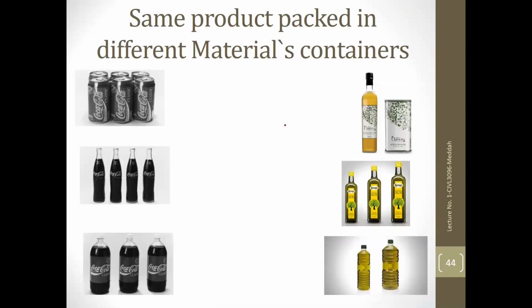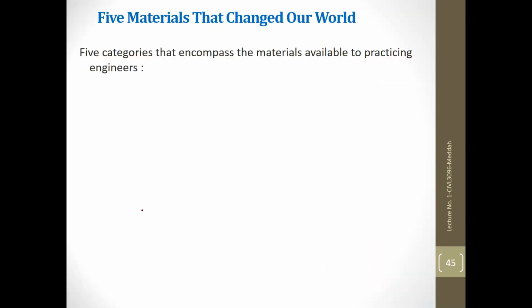Same thing here. You can see oil could be packaged in plastic, in glass, or in metal. And same thing for the other beverage. So different purpose, different use, but of course, different processing and different properties.